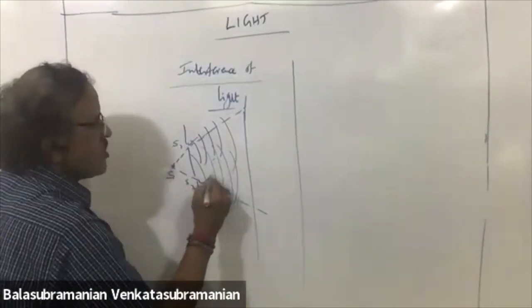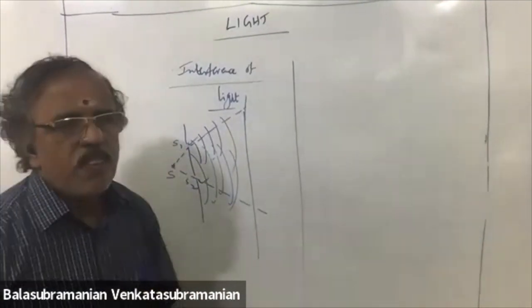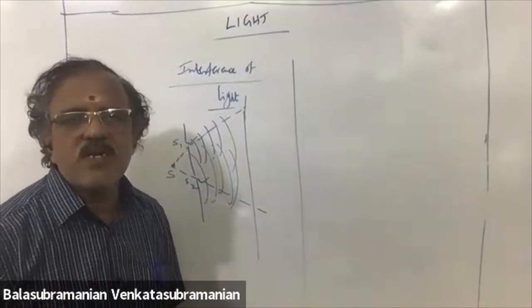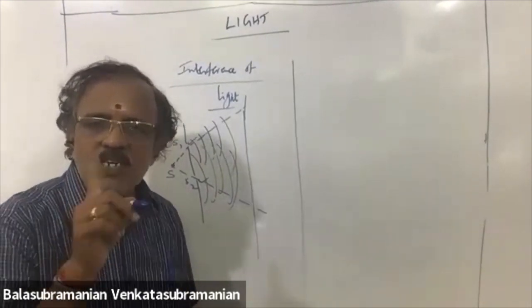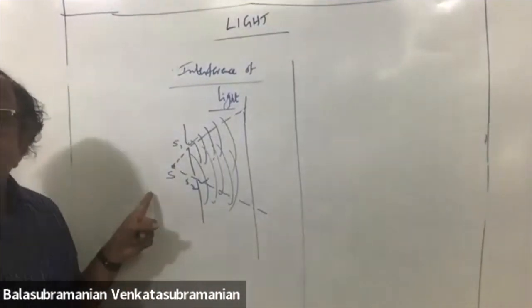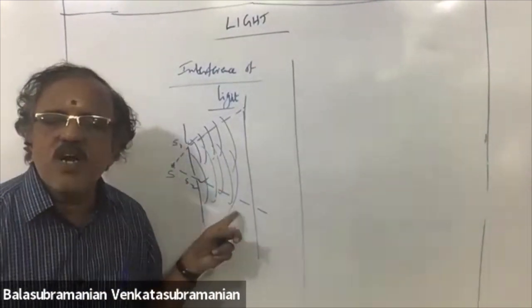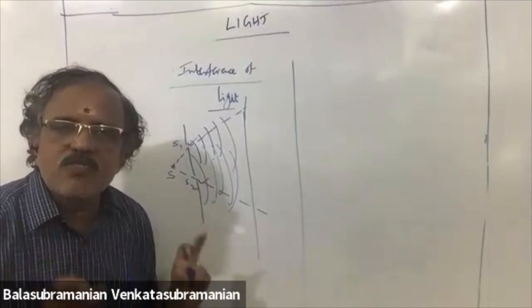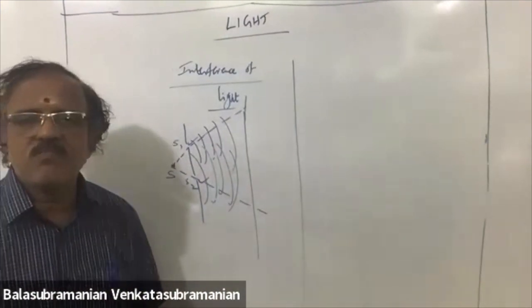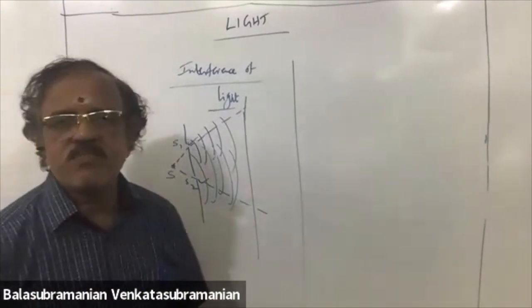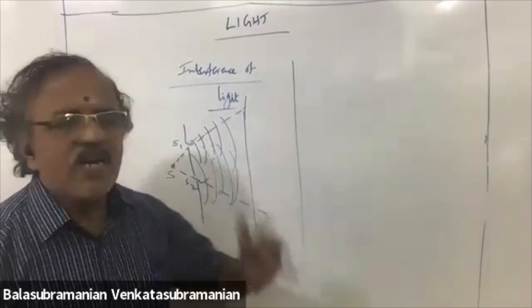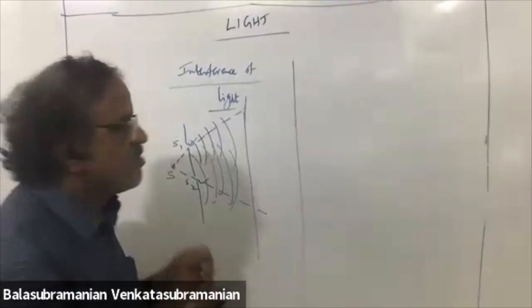These two, S1 and S2, are not separate sources, man. Only one source we are having. S1 and S2 are narrow openings that allow the light to pass through. It is not emitting any light. This is called interference of light.